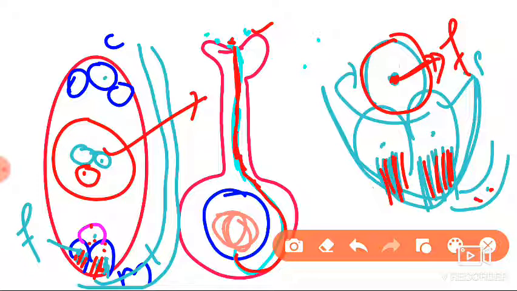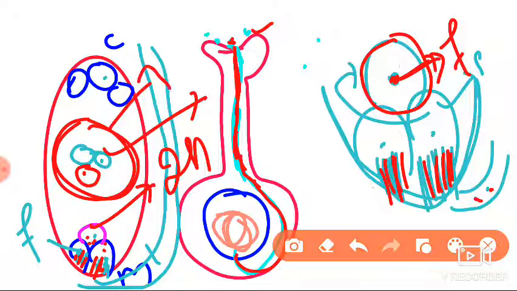When it fuses with the egg cell, it becomes 2n, diploid, and the other one fused with the polar nuclei becomes 3n, triploid. Please remember this one.